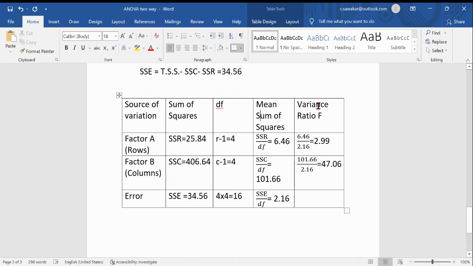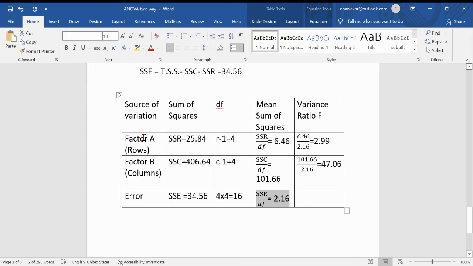Now the final step is calculating the variance ratio. For factor A, you will consider the mean sum of squares of factor A, 6.46, divided by the error, that is 2.16.